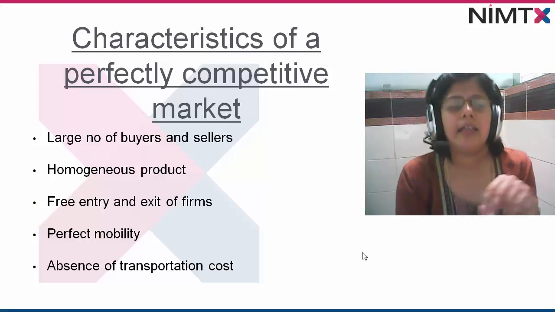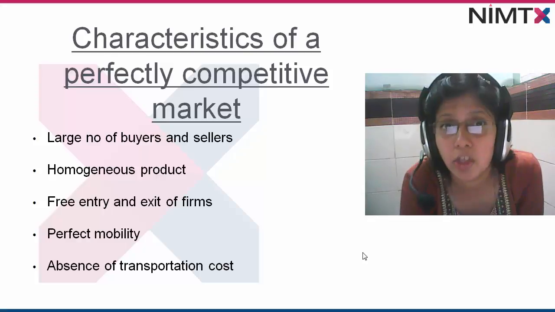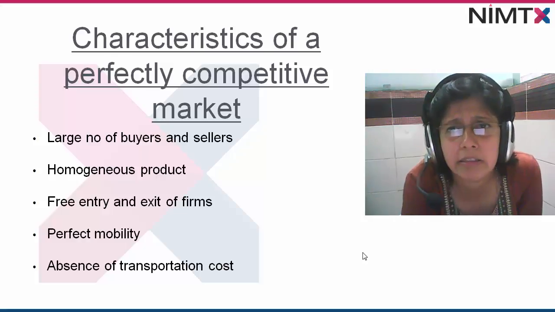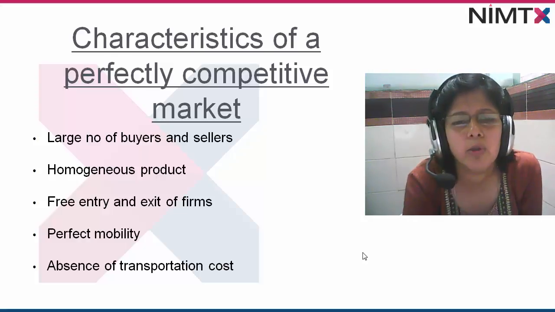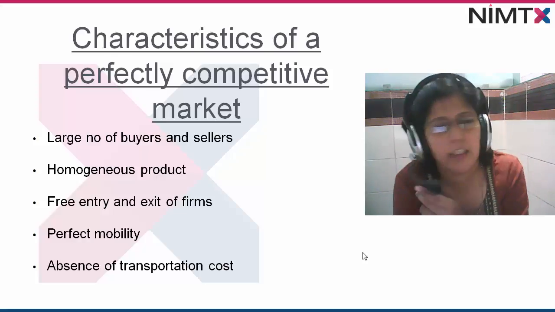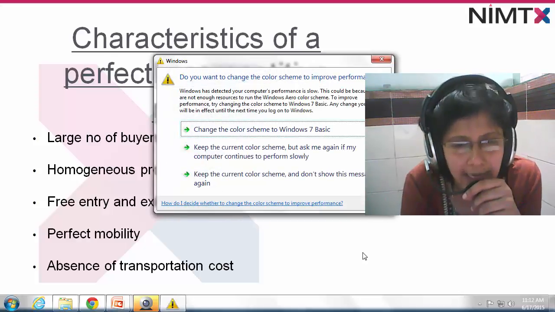As we have already started, we have a large number of buyers and sellers. How could we define it? Because in a perfect competition we have free entry and exit. Everybody who feels that they are able to do something for the product can start their own venture and become a buyer and seller of a product.